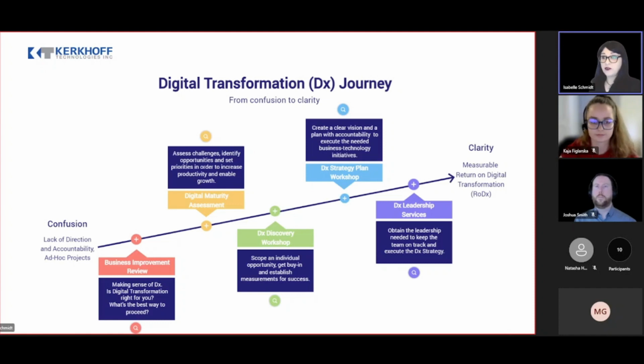From there, we move into strategy planning with those same stakeholders, and eventually the digitally transformed leadership spends the next several years implementing and growing the digital transformation with the clarity of the strategy plan that's been developed through this process.